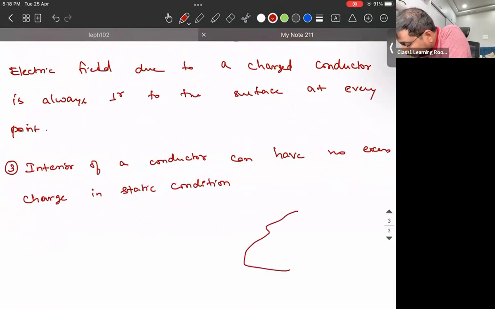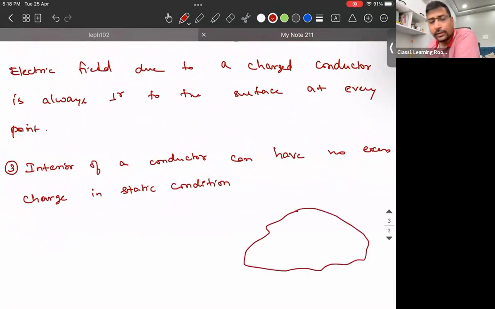Observe. If I take a conductor, now if I consider a Gaussian surface just below the surface of the conductor, these dotted lines represent the shape of the Gaussian surface, which is just below the surface of the conductor.